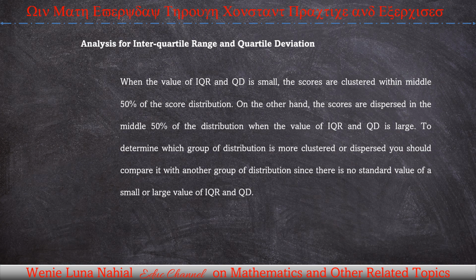Because for a single data set, we cannot conclusively say that this IQR or QD is telling us about a wide or a narrow dispersion of the observation. That's why we have to have another group of distribution for comparison purposes.